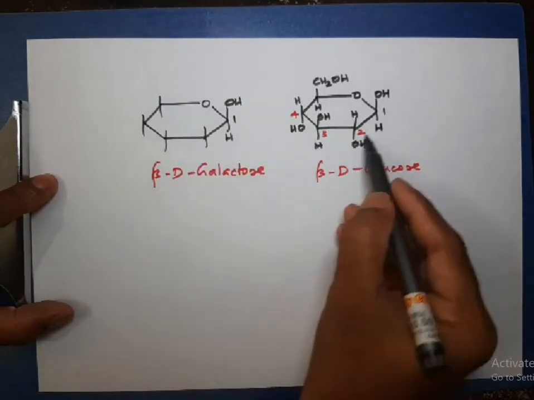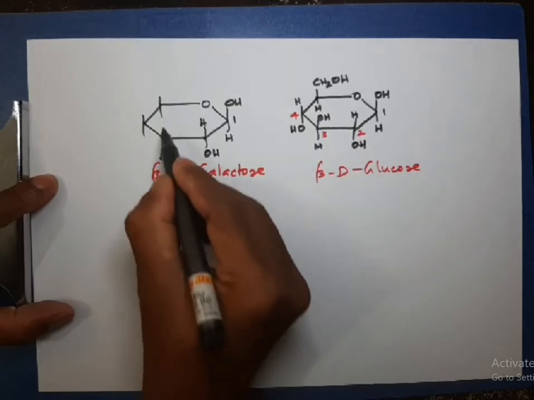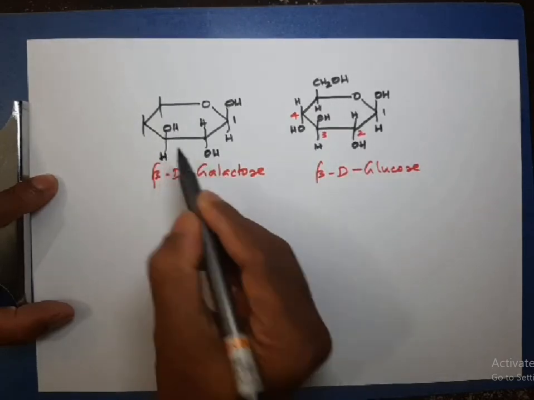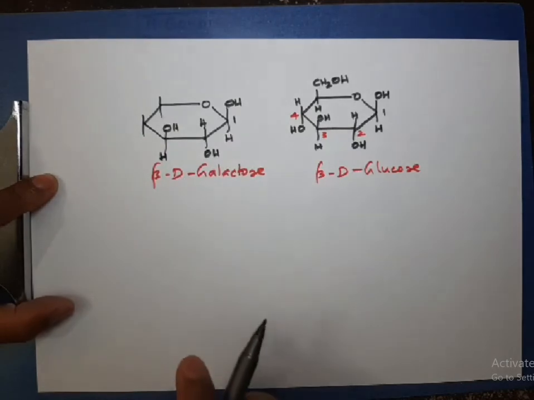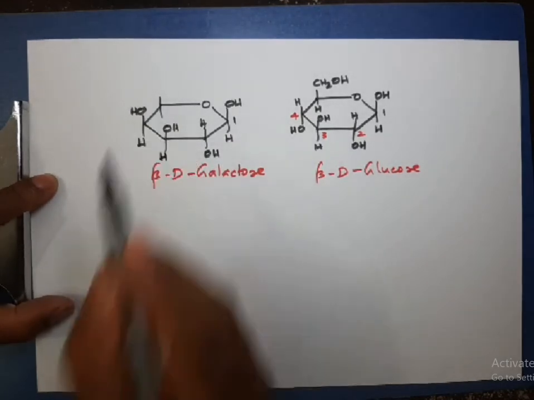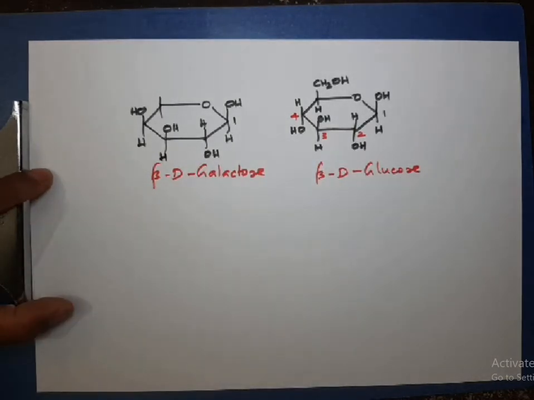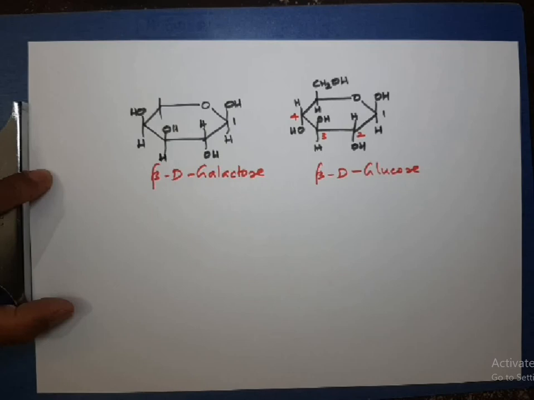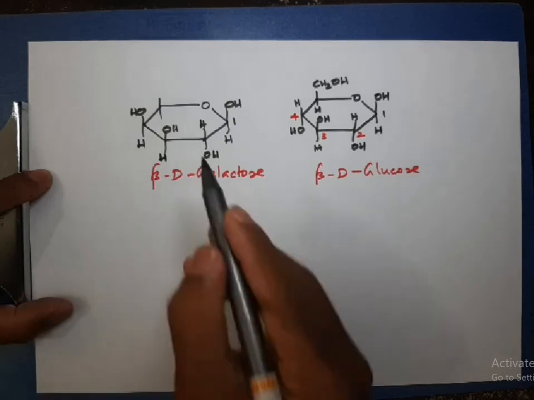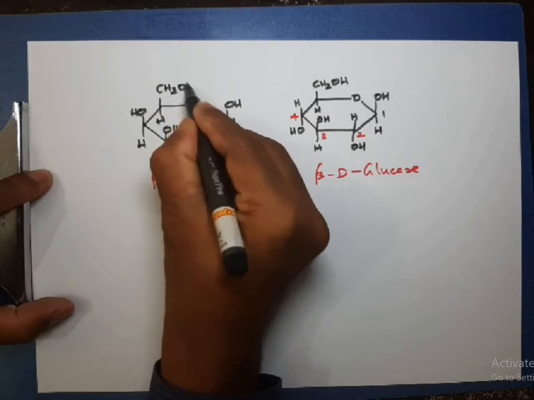The second and third carbons you keep as such, but don't forget in the fourth carbon of galactose, hydrogen should be down and OH should be above, because glucose and galactose are C4 epimers. So remember this. Then the fifth carbon always hydrogen down, CH2OH above.